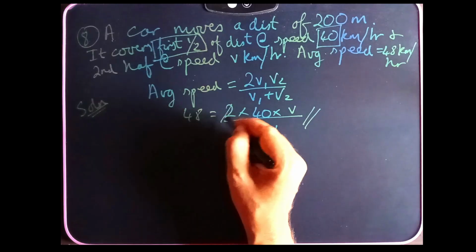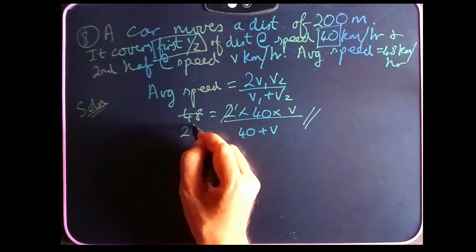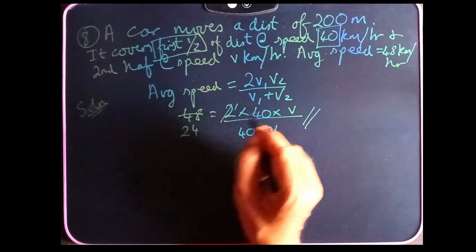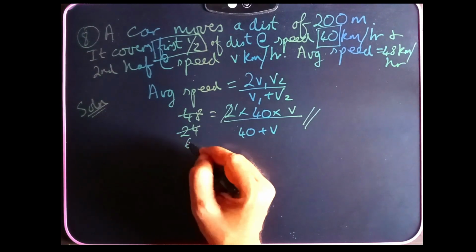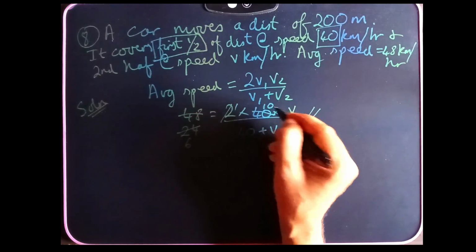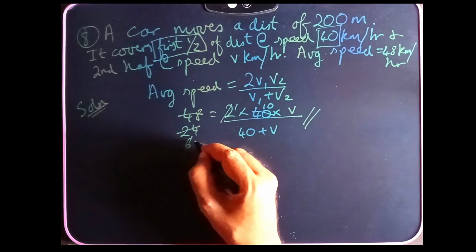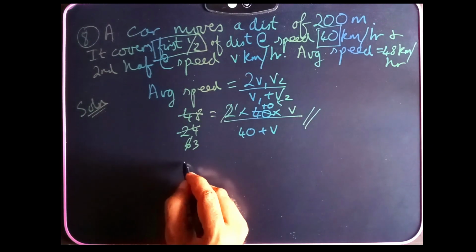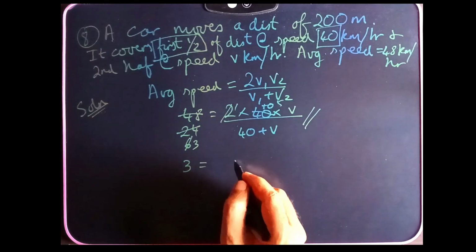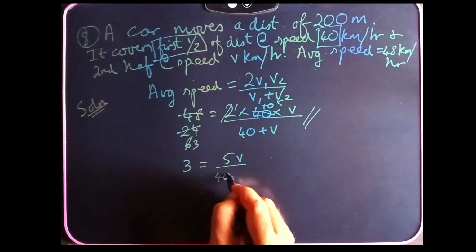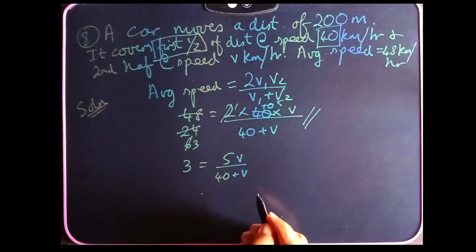What we can do, we minus this, we'll get 24 here. 6 fours are 24. I hope I'm doing my math correctly. So you'll get 3 equal to 5v divided by 40 plus v.